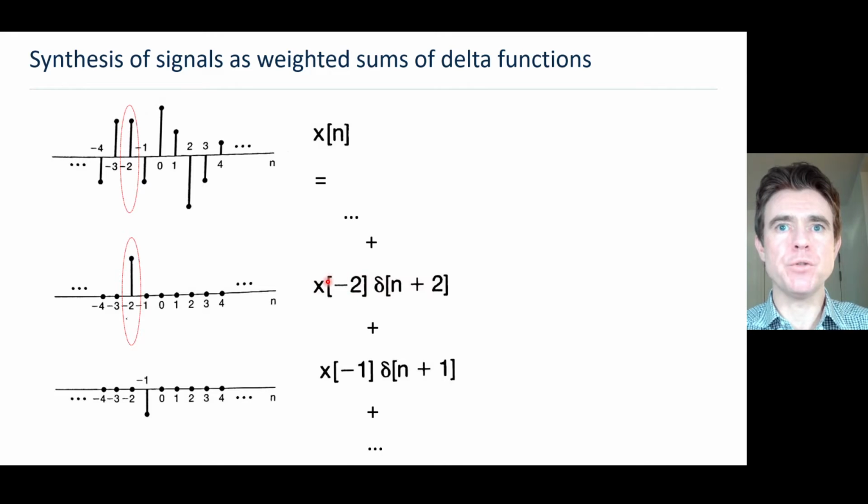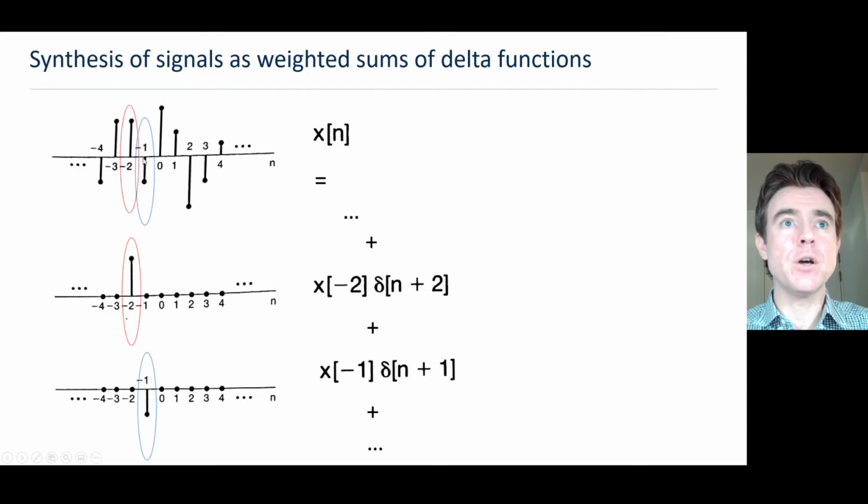That's the amplitude of the function. And that serves as a coefficient or an amplitude for simply the discrete delta function, delta of n, shifted to that corresponding location, which of course we need to use n plus 2 to shift the delta to position -2. So that should be clear from all the earlier examples why the shift goes in that direction.